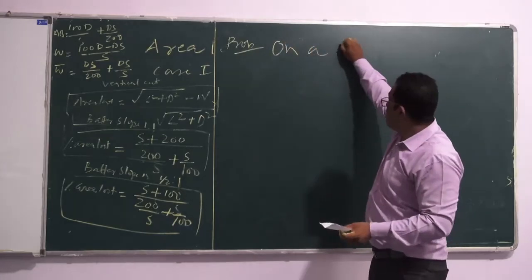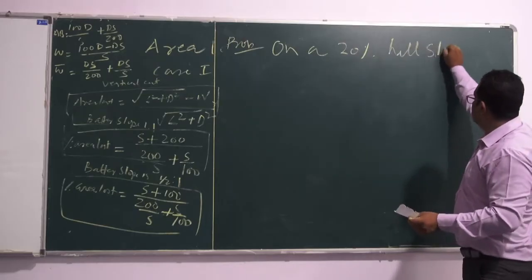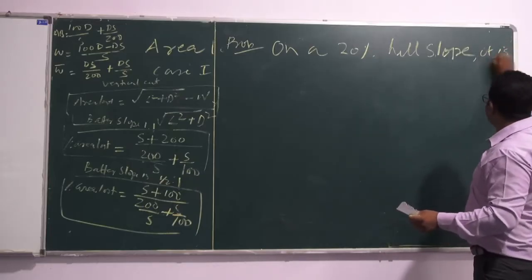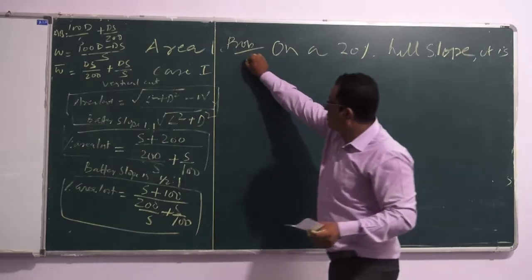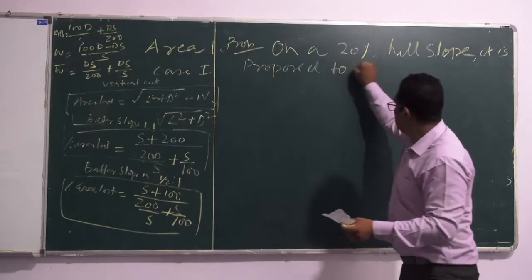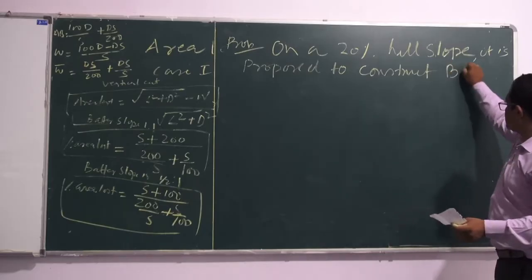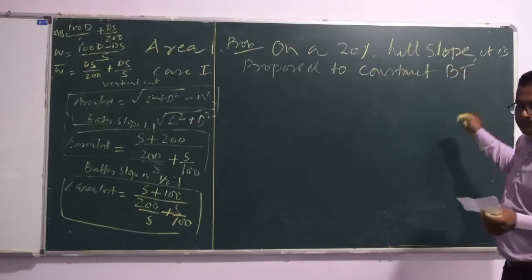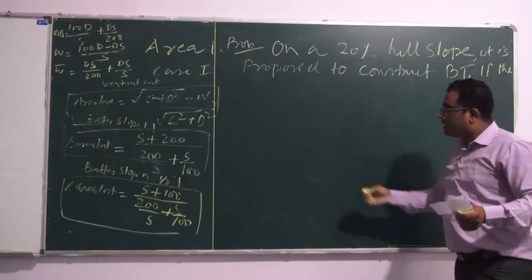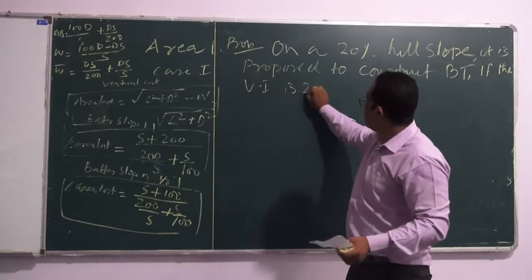On a 20% slope area, 20% hill slope, it is proposed to construct bench terrace, in short BT, if the vertical interval, in short VI, is 2 meter.